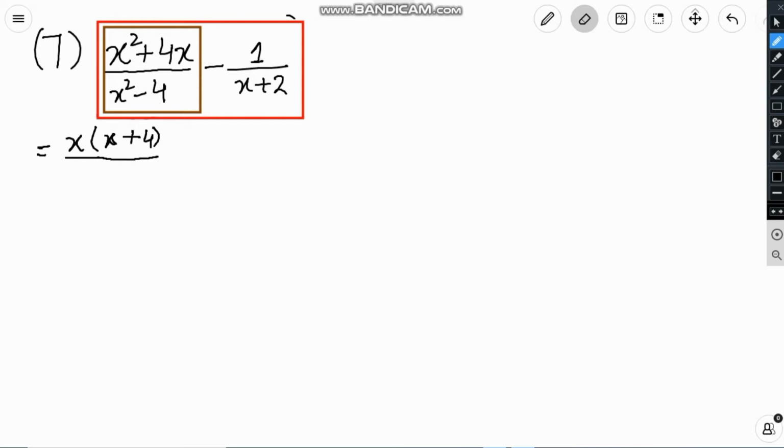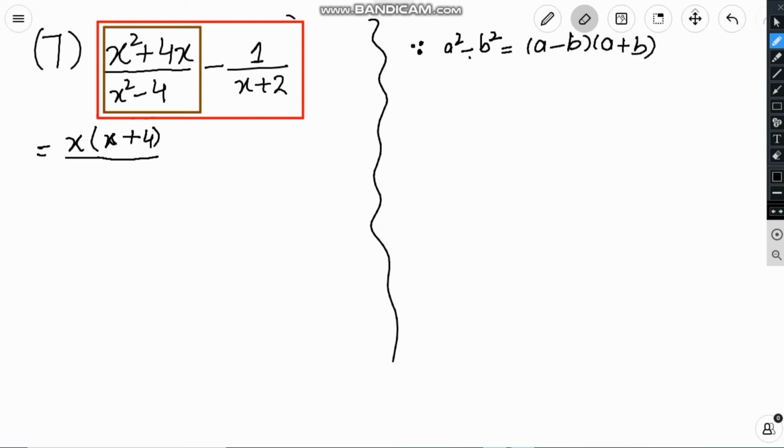And in the denominator, here it is x square minus 4. Can you compare it with a very well-known formula? Yeah, you can compare it with a very well-known and easy formula, that is a square minus b square equals to a minus b and a plus b. Just write your denominator here, that is x square minus 4.